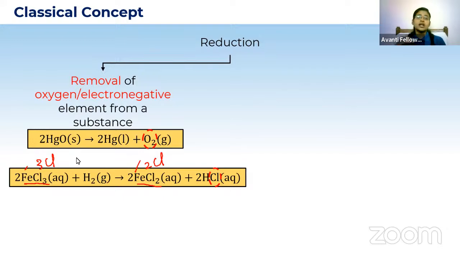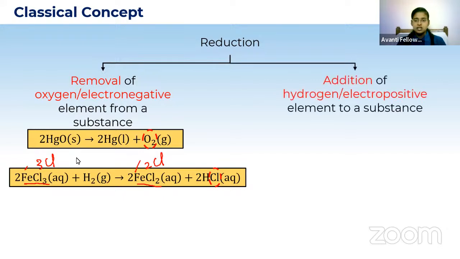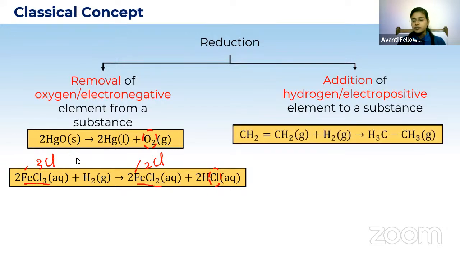Now we will go ahead with the other 2 definitions for reduction. Addition of hydrogen or addition of electropositive element. So here you see, take this as an example. Initially we have CH2=CH2. It is treated with H2 to form CH3-CH3.